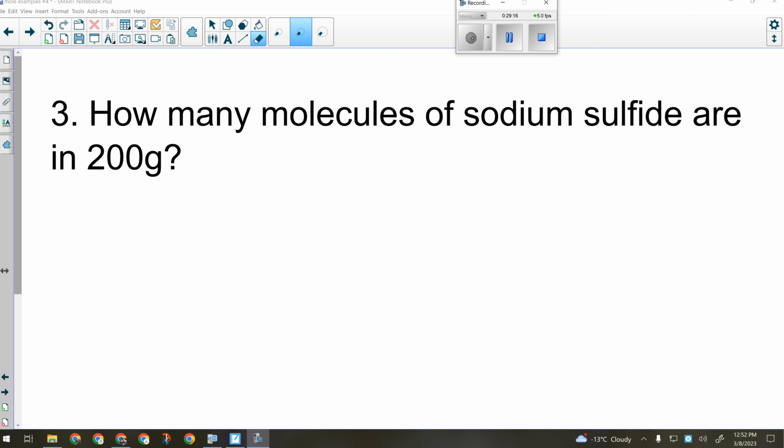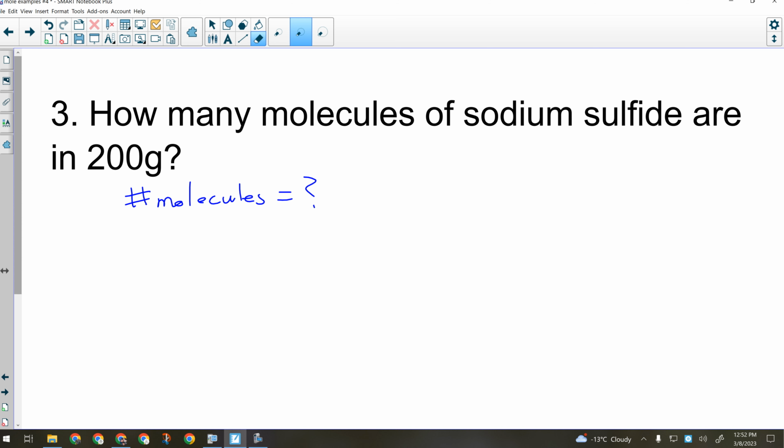All right, so on number 3, we're looking for the number of molecules this time. All right, which means we will need Avogadro's number. Okay, they tell us it's sodium sulfide. Okay, so that's going to help us with the molar mass. Sodium, Na plus 1, sulfide, S minus 2. So when we drop and swap, we got Na2S. So molar mass for that, that's sodium.